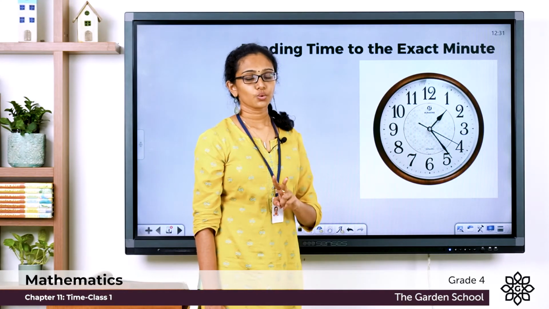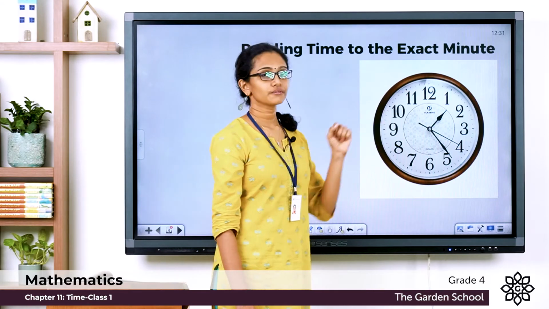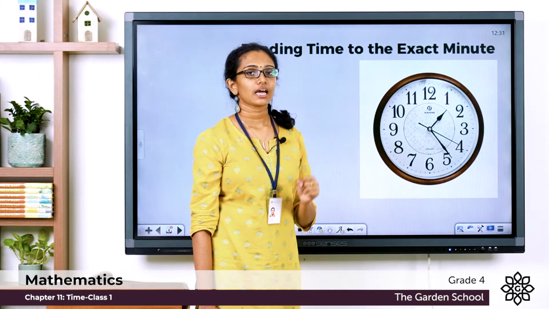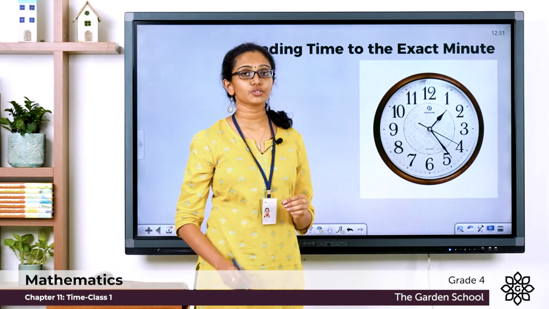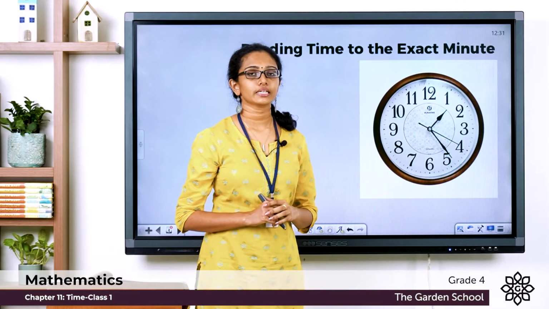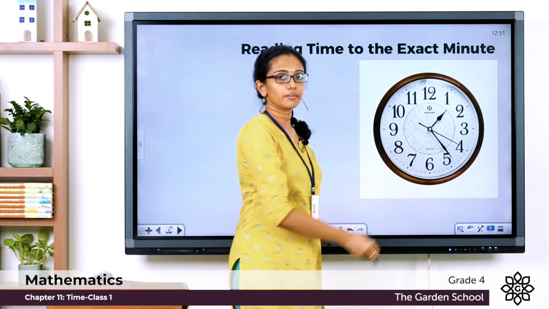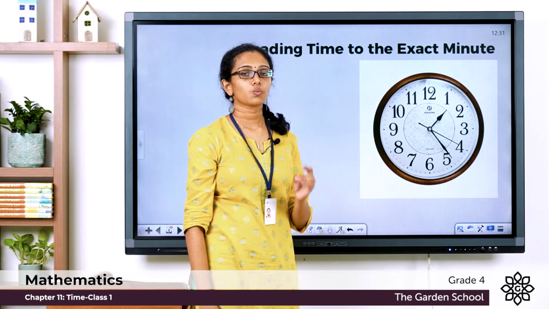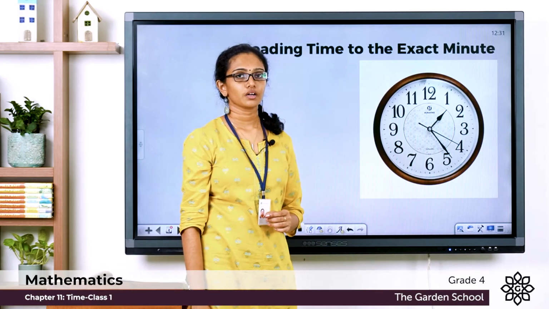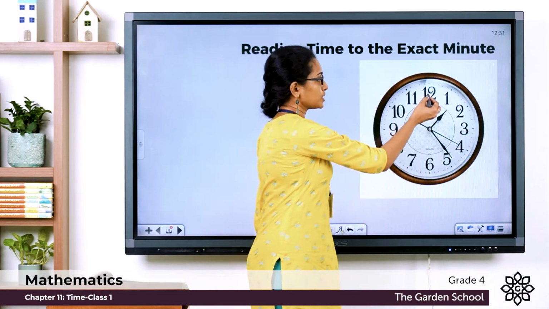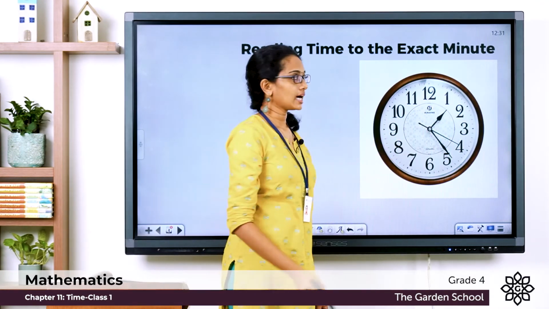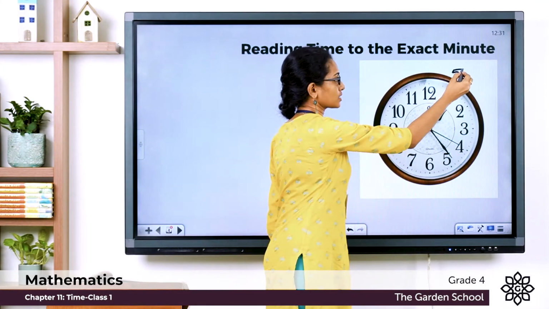So between two numbers, you can see 5 small divisions, and each of these small divisions represents 1 minute each. So between 12 and 1 there are 5 minutes.